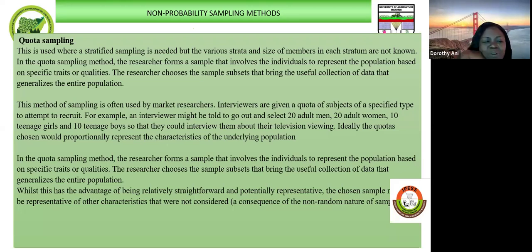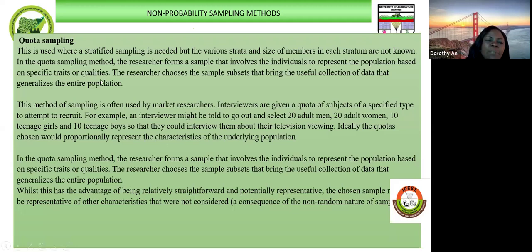This is used where a stratified sampling is needed, but the various strata and size of members in each stratum are not known. You can see the difference. You need to have different strata, different groups, just like we had in stratified. But in this case, the groups are not known or familiar to you.